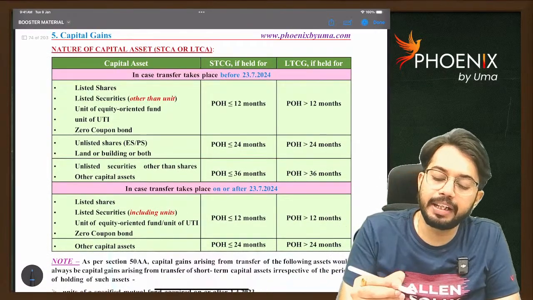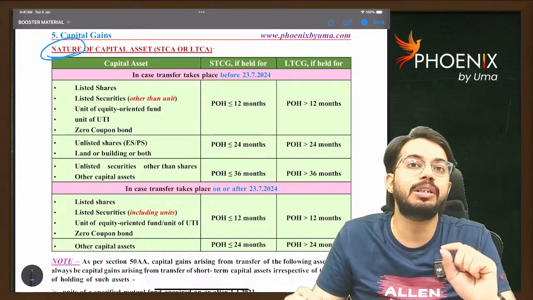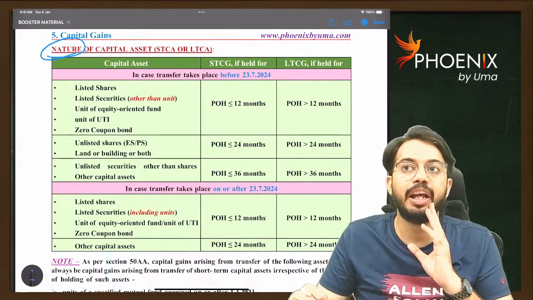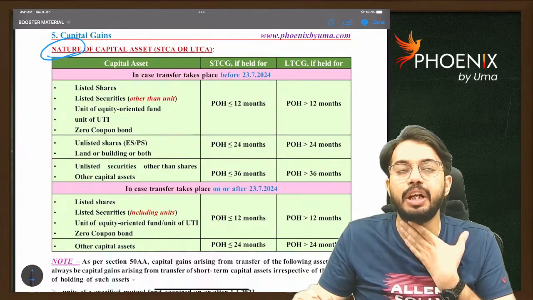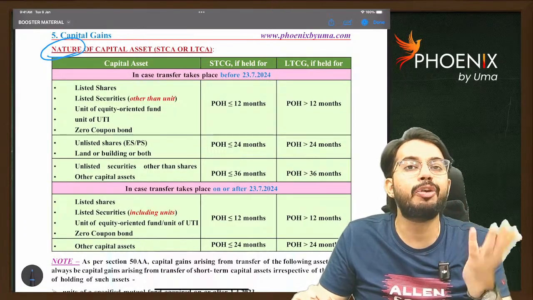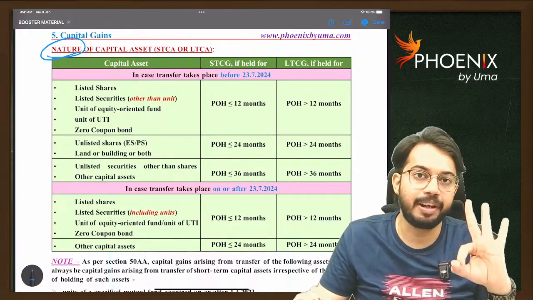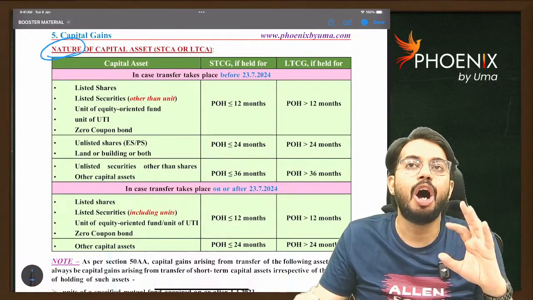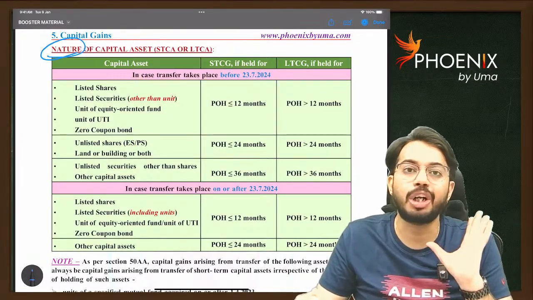Next, nature of capital asset. Please listen carefully because there is an amendment in this provision in Finance Act number 2 of 24. See, generally, when I taught you capital gains in classroom, I told there are three classifications. So on which basis we will tell whether a capital asset is long-term capital asset or short-term capital asset?